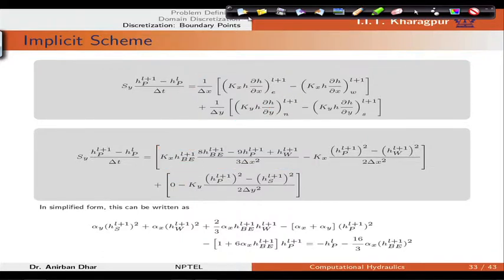Now, we will get H s, H w, H p, that means no n L plus 1 or E L plus 1 term here.